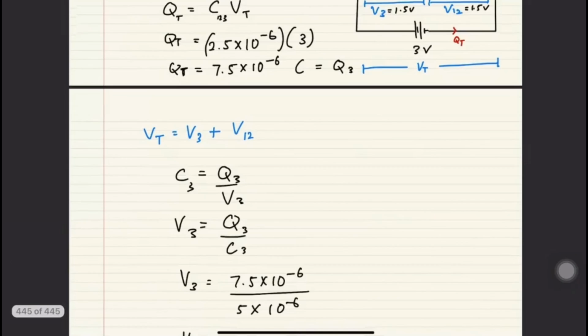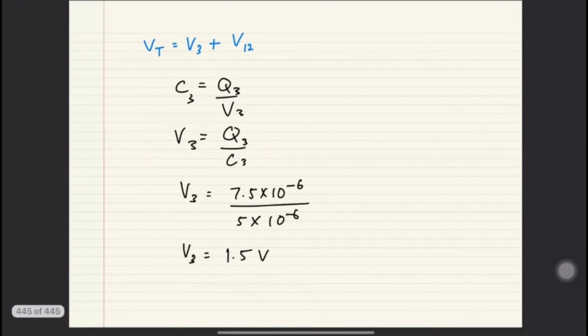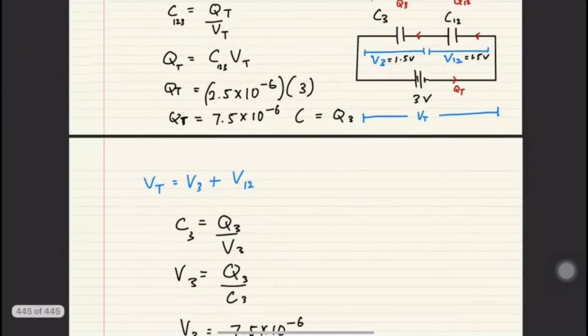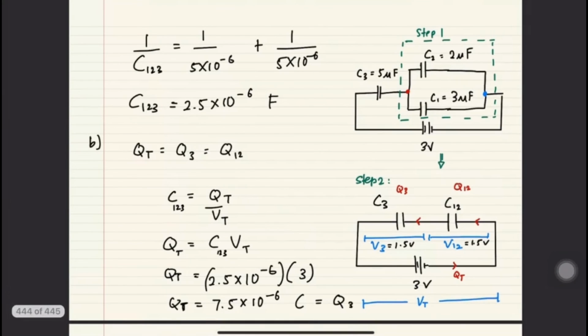Dia macam tu. Sebenarnya kamu masuk balik dalam formula ni. So, V12 sama dengan V total minus V3, which is 3 minus 1.5 equals to 1.5 volt. Okay, now I'm going to copy this diagram again.